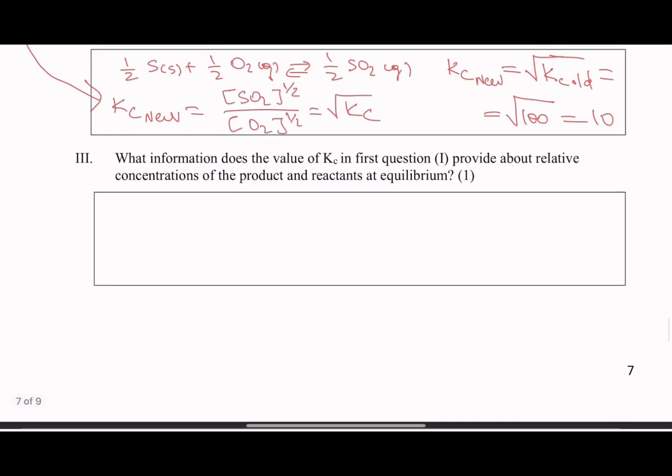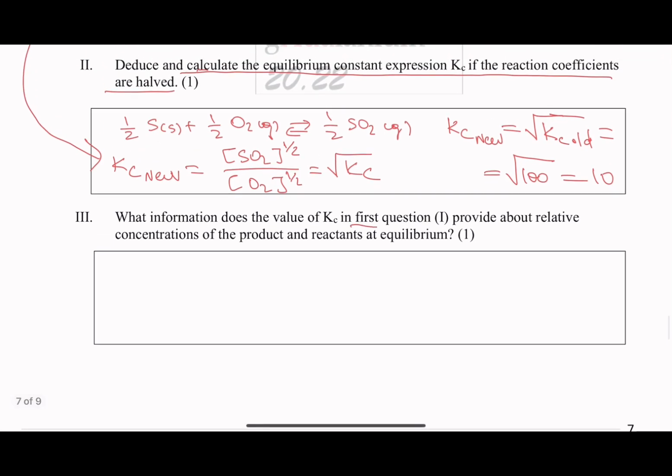And the third part, what information does the value of Kc in the first equation provide about the relative concentration of the product and reactants at equilibrium? So we know that Kc, product over reactants, which is SO2 over O2, is 100.